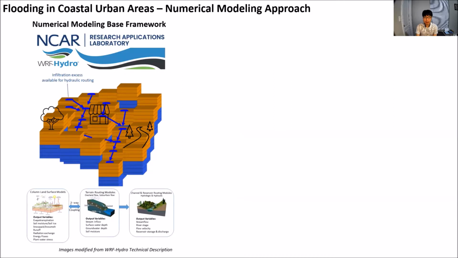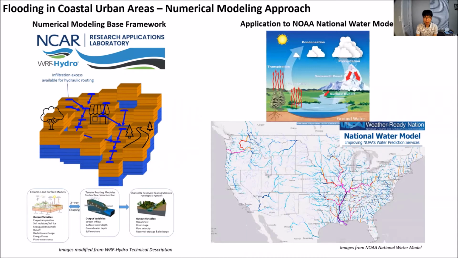So we are setting up one of the hydrometeorological modeling frameworks for our application to coastal urban inundation. The base model code is developed by one of the research groups in the National Center for Atmospheric Research and has been deployed for the National Water Model for the nationwide streamflow predictions.